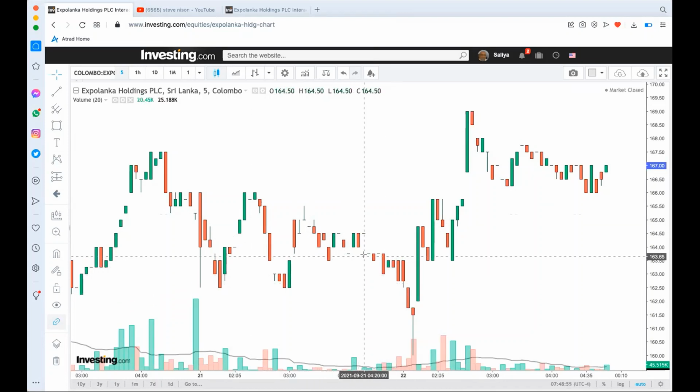So basically what it means is that for 5 minutes, it had traded only at 163.75. Then there had been a distance, meaning a small range. Then again at the same 163.75. And you can see that there is a gravestone doji here. There is a dragonfly here.